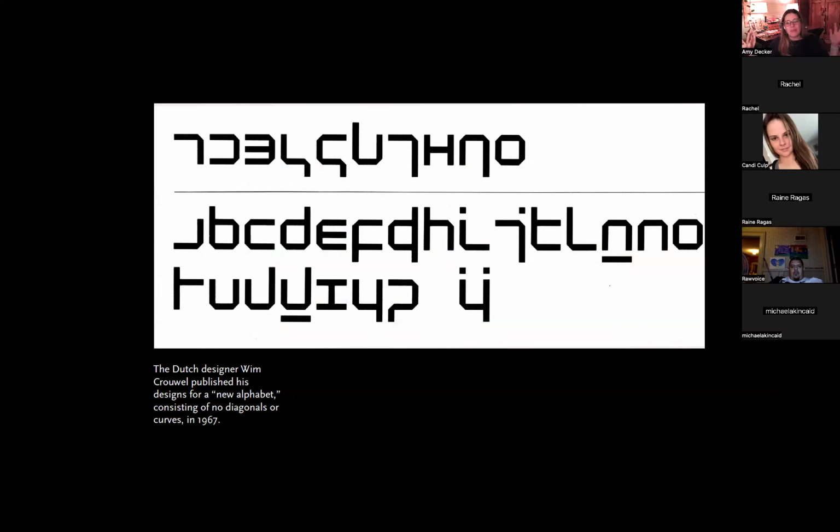The bitmapped printers, the displays, everything had to be vertical and horizontal. Bitmap printing and bitmap displays could not handle diagonals. So his solution was, we're going to need a new alphabet. This new technology can't handle diagonals, so we can't use the alphabet we have. We're going to need a new alphabet that doesn't have diagonals. So this is what he came up with.